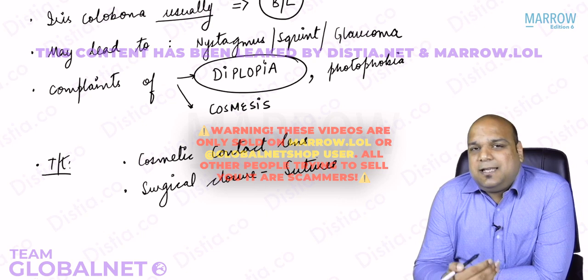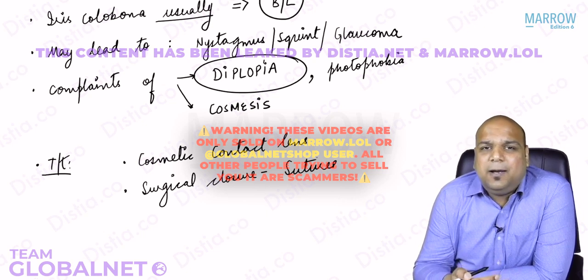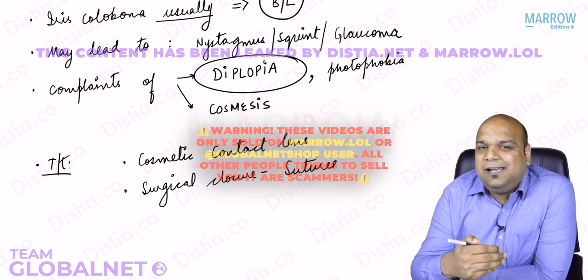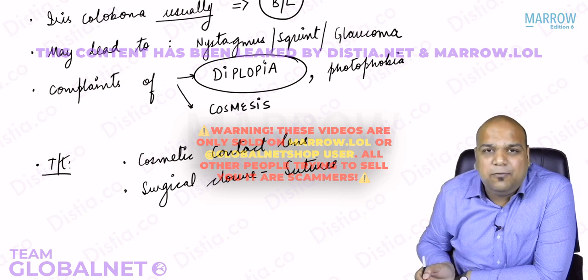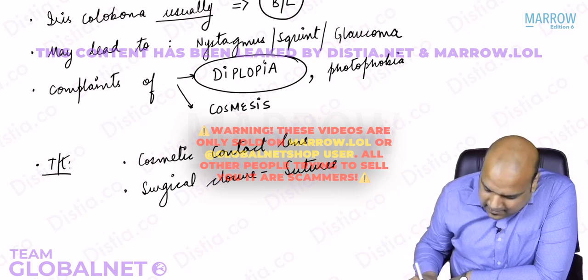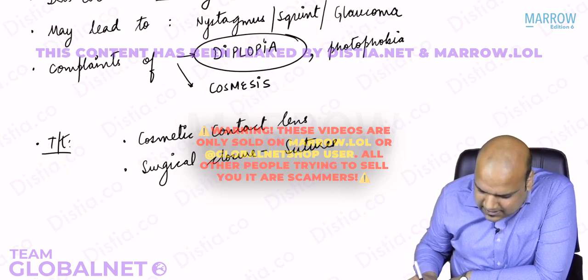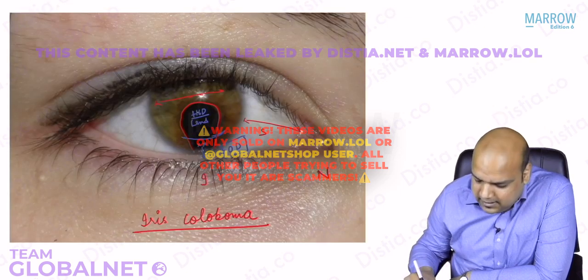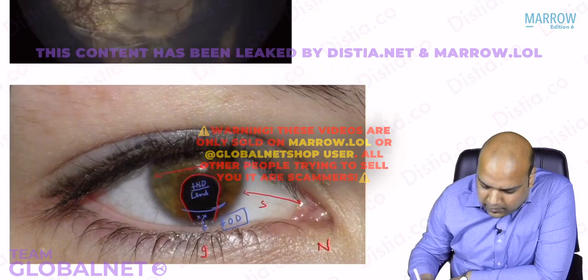So this is another coloboma, everybody, iris coloboma. Usually you end up getting photographs of this and are asked what it is. So the missing part should very clearly indicate to you that you are looking at an image of iris coloboma. Apart from this, everybody, please remember that as I have said, there can be an optic disc or a retina coloboma also.